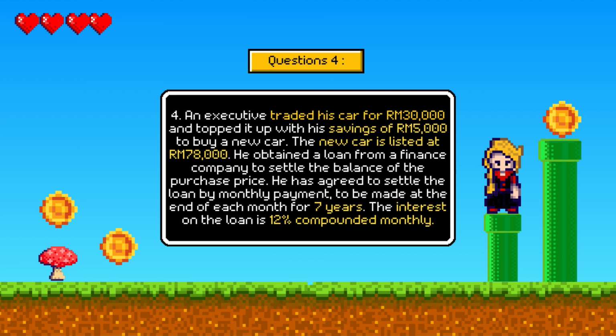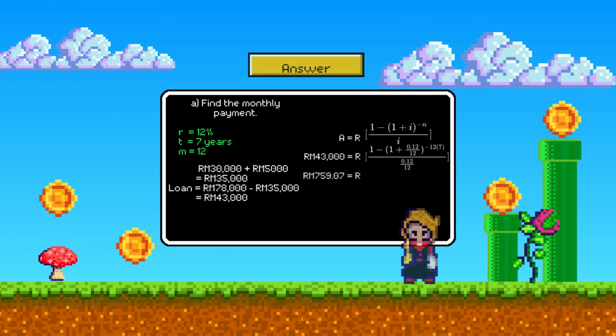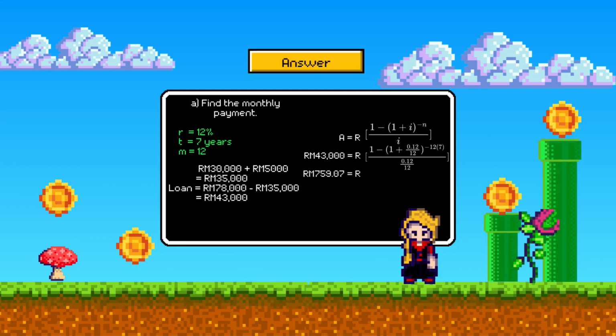He has agreed to settle the loan by monthly payments made at the end of each month for 7 years. The interest on the loan is 12% compounded monthly. Question A. Find the monthly payment.